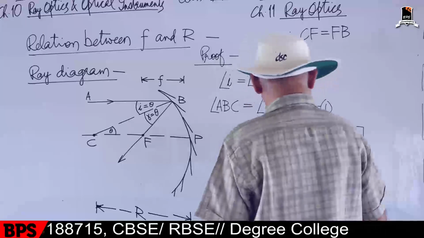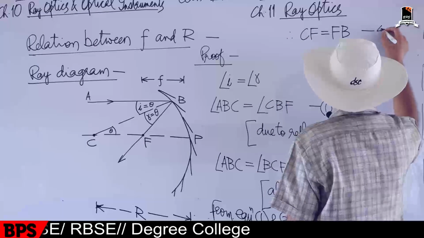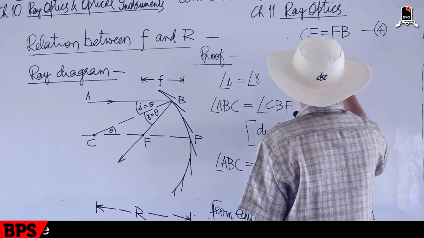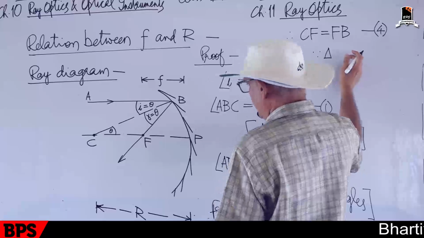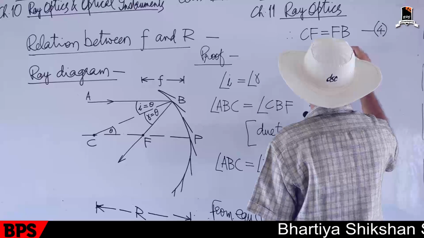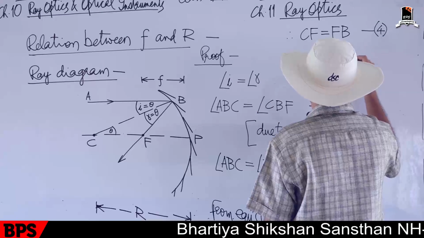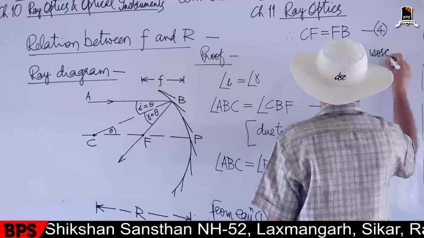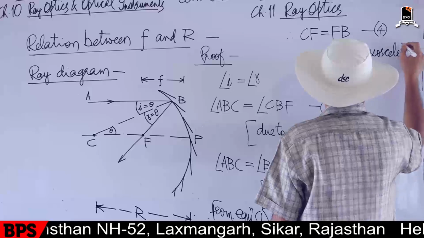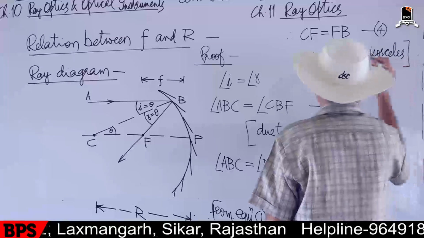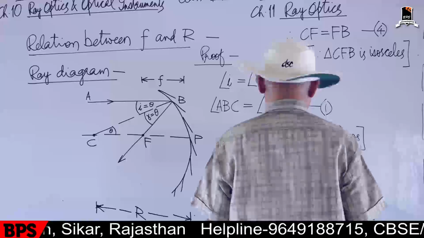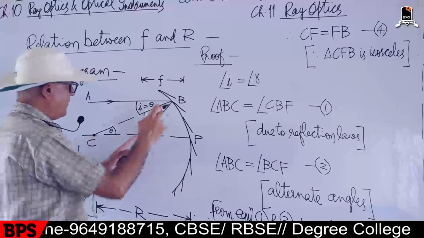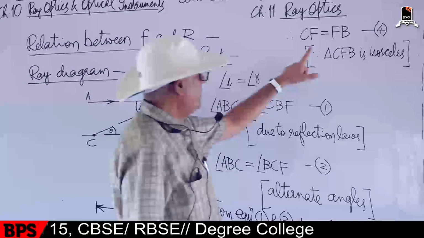Put it as number 4. Since triangle CFB is isosceles, this is the reason: since these two angles are equal, therefore the sides CF and FB are equal.